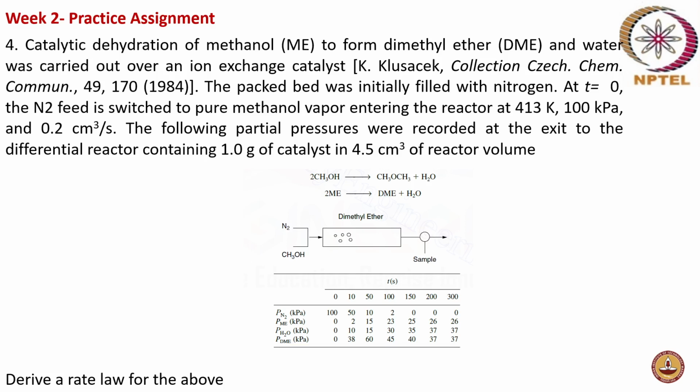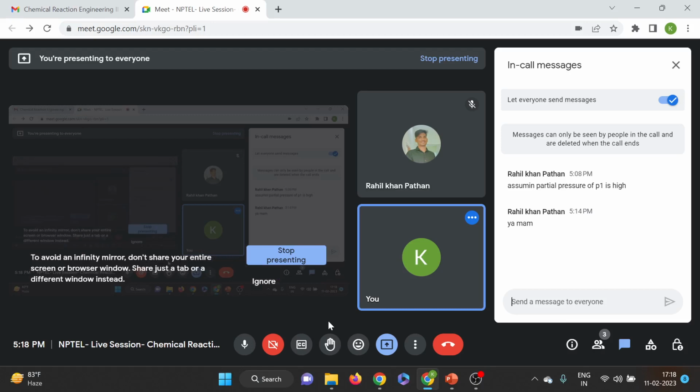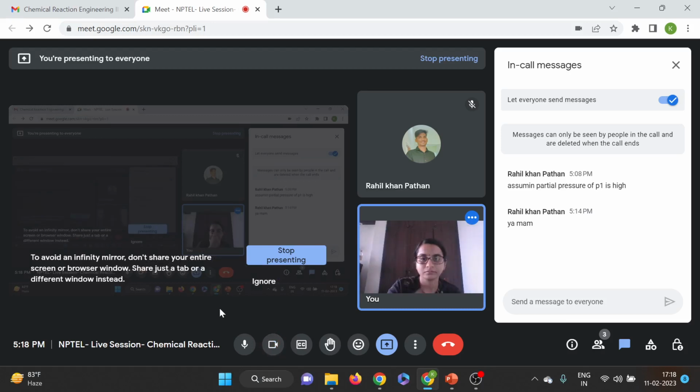Now they have asked you to derive a rate law for the above. So how do you derive the rate law for the above? What is the scheme you will follow? They've given some data and some information as well. So how do we arrive at the rate expression?